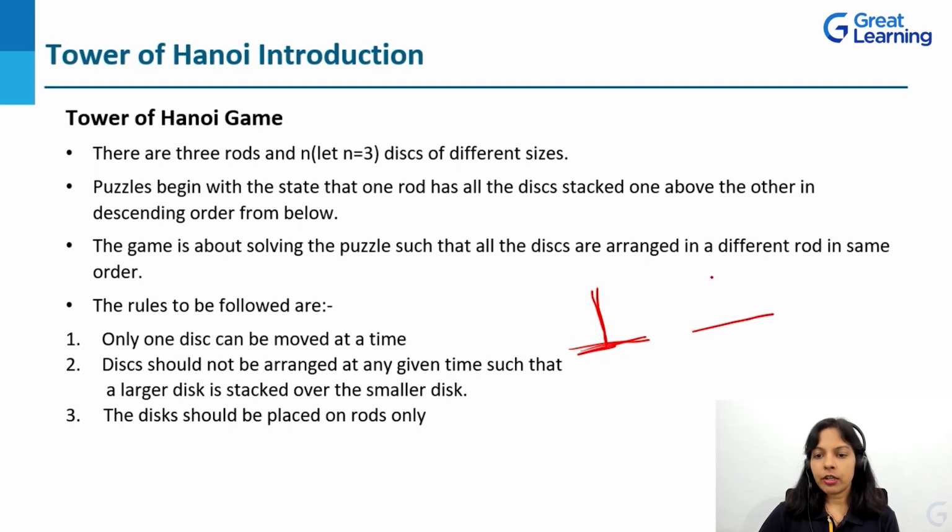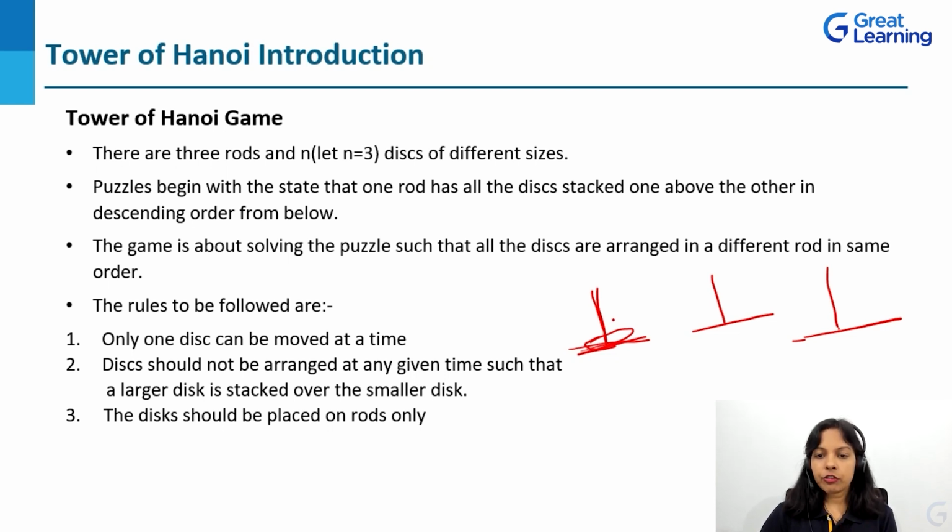Then there will be 3 rods as stated in the problem. Now in these 3 rods, the initial state of the game is that there will be disks. The disks can be multiple in number. Suppose there are 3 disks here for example. The first disk will be stacked, which will be largest in size.